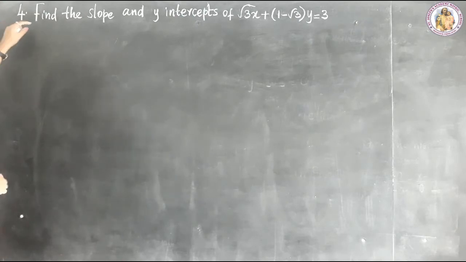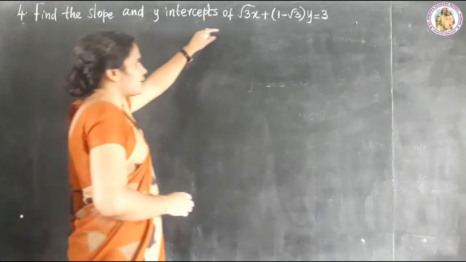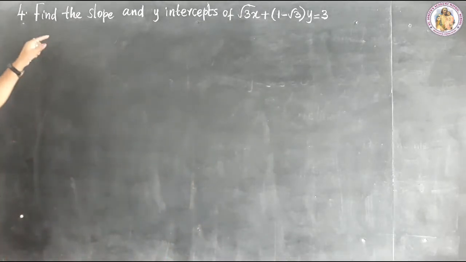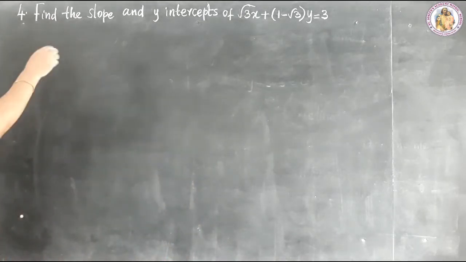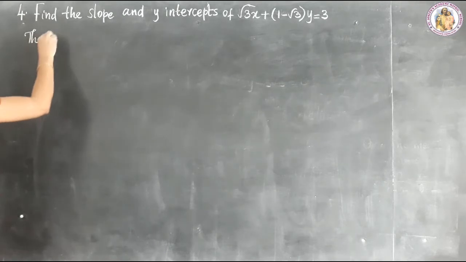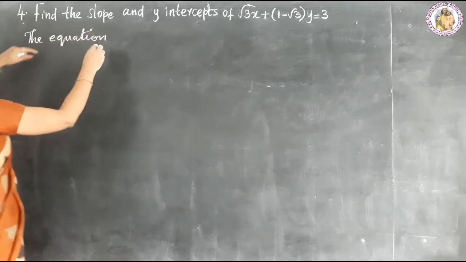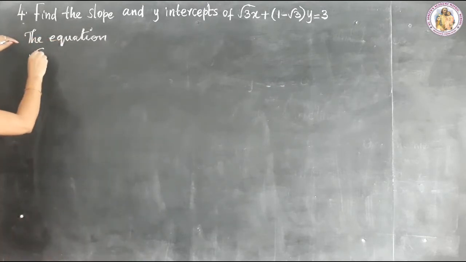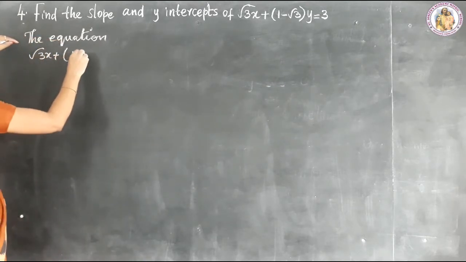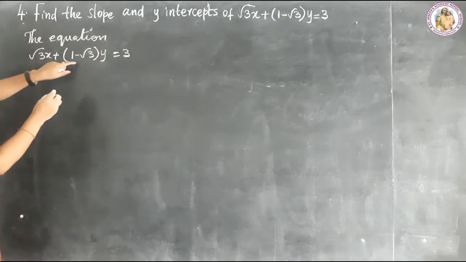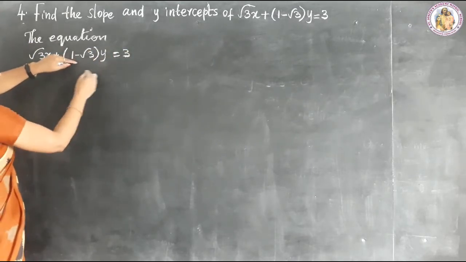Question number 4. Find the slope and y-intercept of root 3x plus 1 minus root 3 times y is equal to 3. So you have to find the slope and y-intercept. From the equation, root 3x plus 1 minus root 3y is equal to 3, frame it according to y is equal to mx plus c.